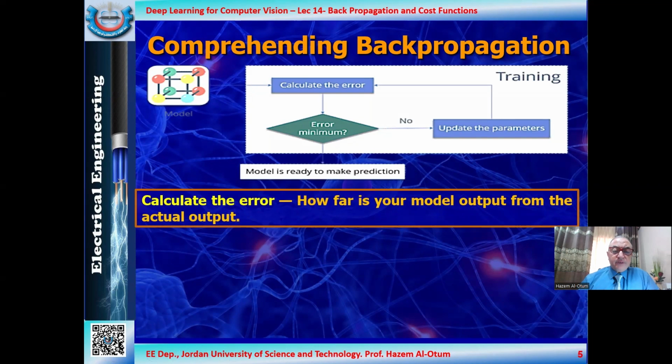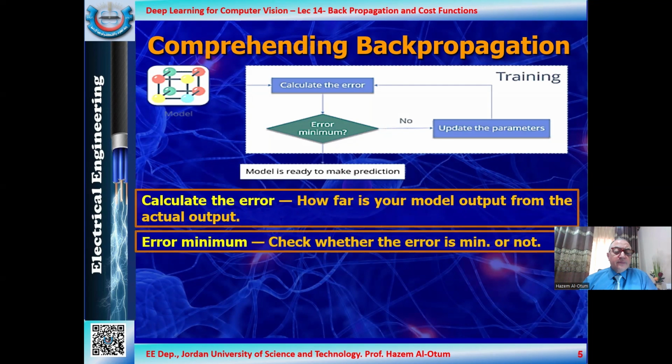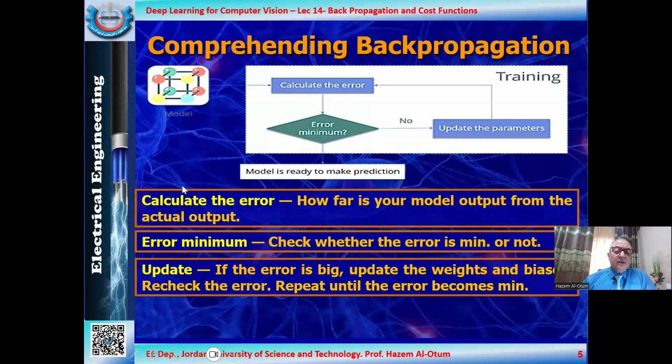So the first step is to calculate the error. How far is your model output from the actual output? This requires that you pick a particular cost function. What is the error that you want to calculate? Next, check whether the error is minimum. If it's okay, you can stop. Otherwise, you need to go back and find the modification that you need to make to your parameters.